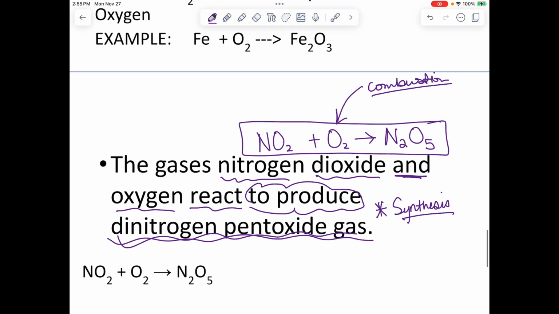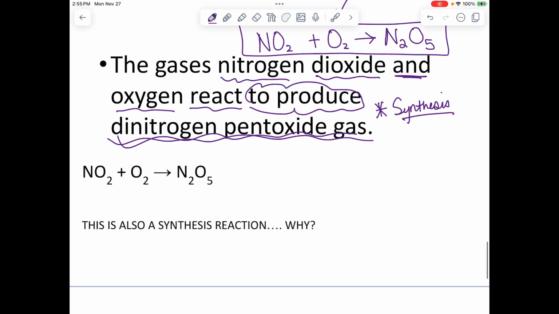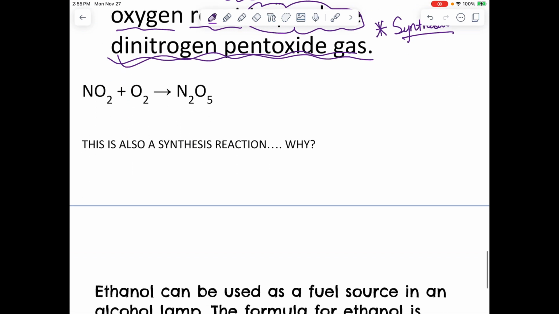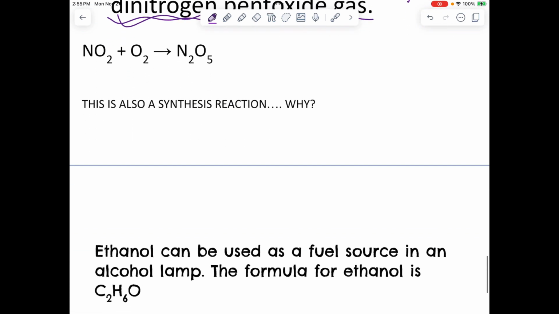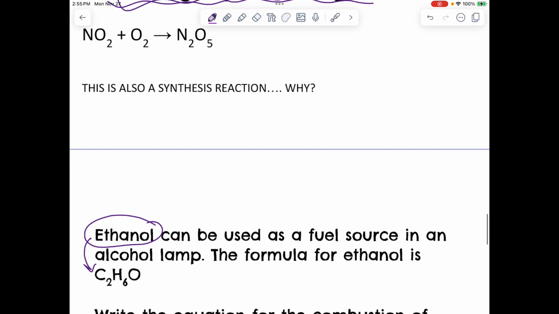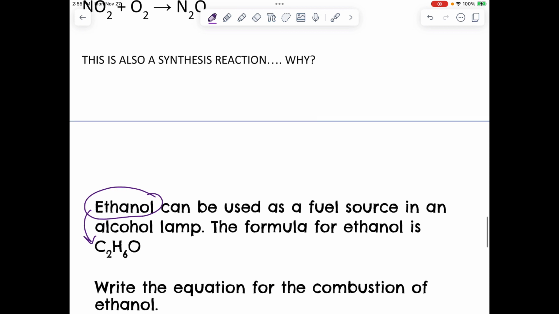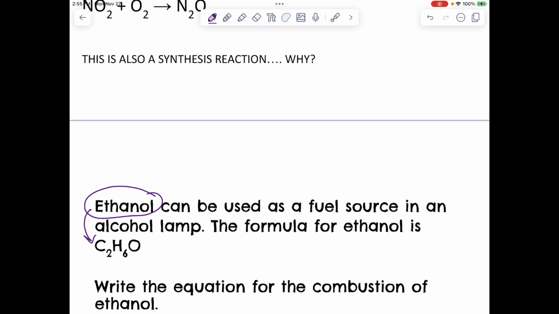Then our second example is going to be with a hydrocarbon. So ethanol is going to be the hydrocarbon. And we're going to have a combustion reaction. So that means, how do we start this? We're going to start with C2H6O, and we're going to add oxygen to it.